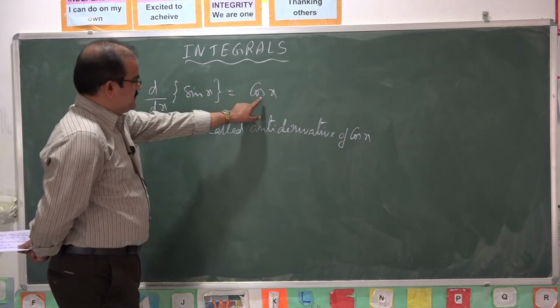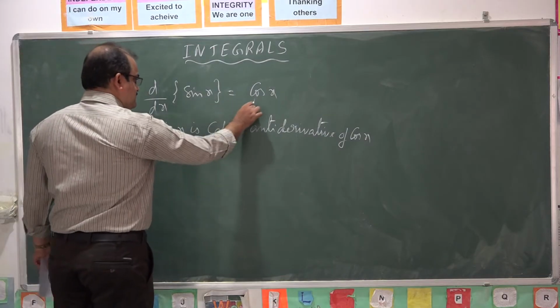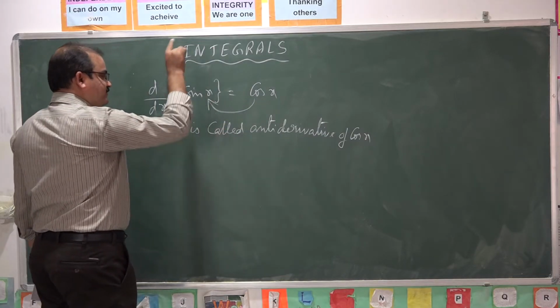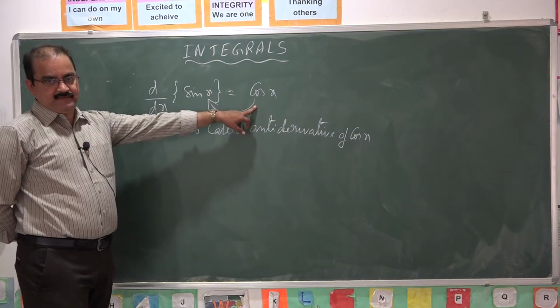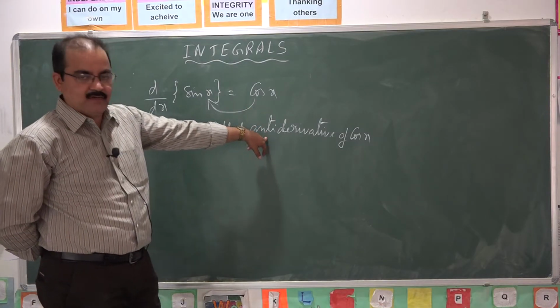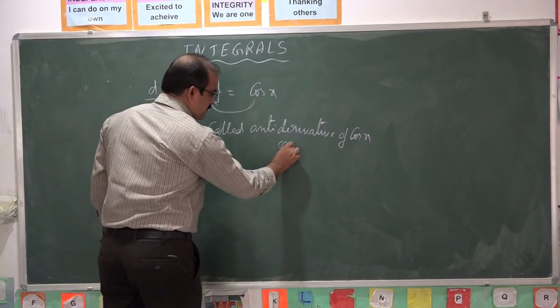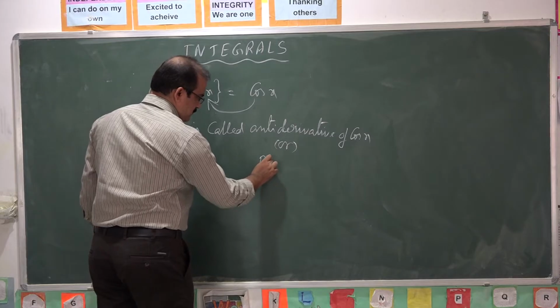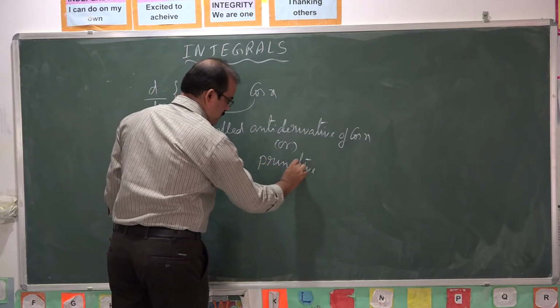If cos x is the derivative of sin x, then sin x is called antiderivative of cos x or primitive of cos x. This antiderivative is also called as primitive.